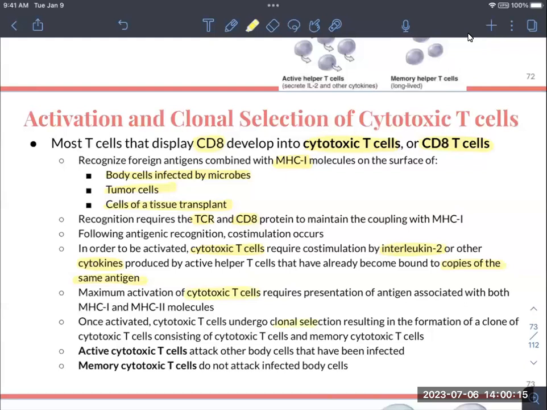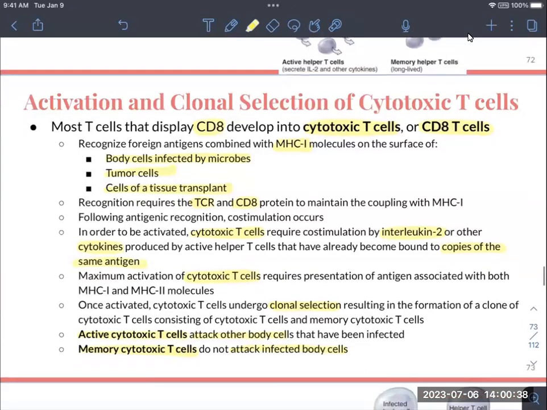They go through clonal selection, just like our other T cells do. We're going to make active cytotoxic T cells. We're going to make memory T cells. Active T cells attack. Memory T cells are our memory of what we came across the first time.